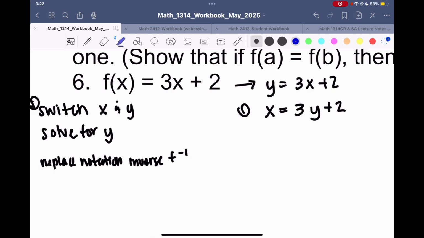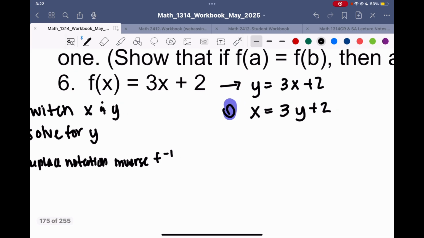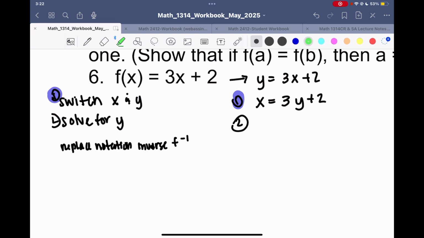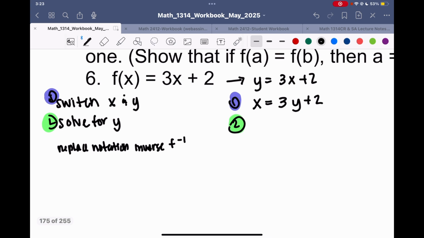And then we color code it. And then we have step 2 that says solve for y. So step 2 is going to be where we solve for y. That's going to be x minus 2 divided by 3 equals y.